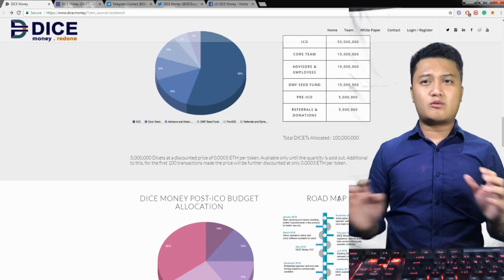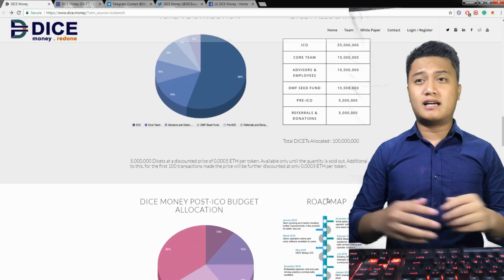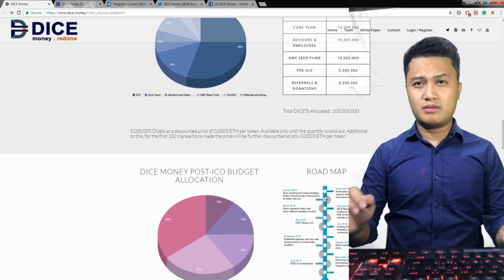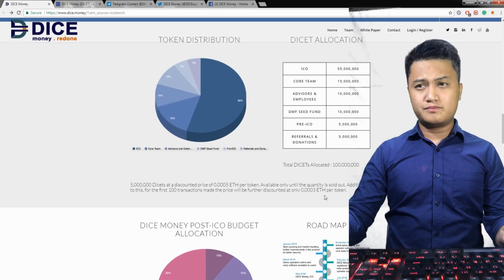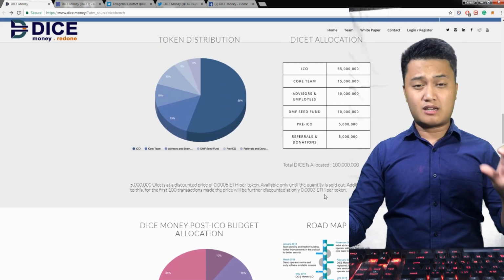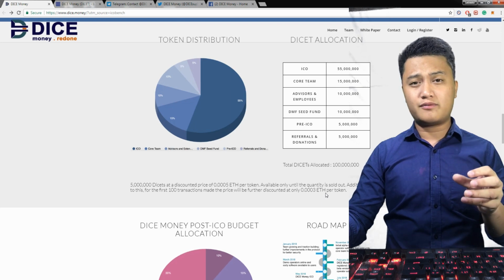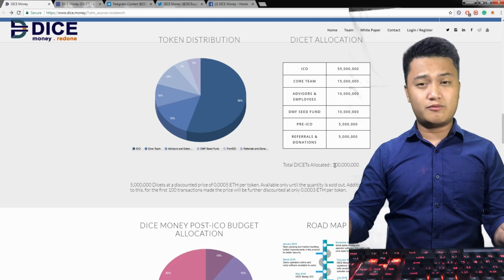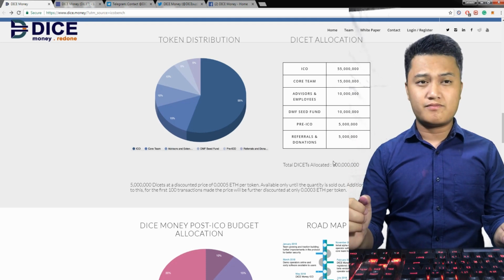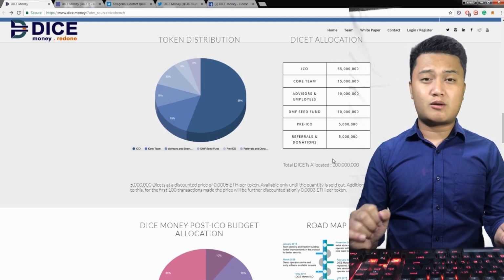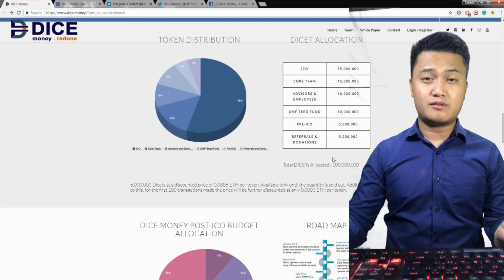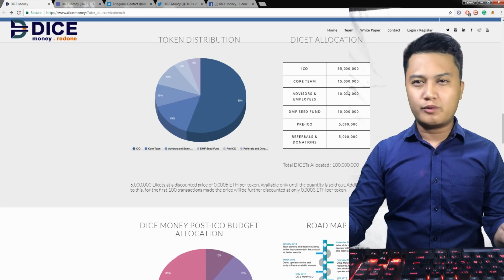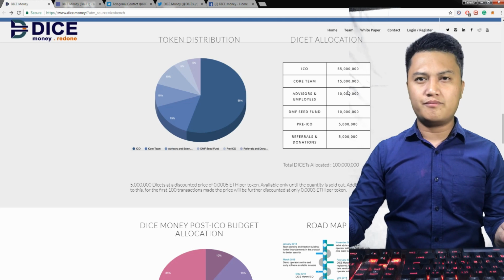Although for me there's a downside when it comes to the token allocation of the team. Although there is quite a fair value of the token for the token sale, the core team and advisors will acquire around 25% of the total supply, so around 25 million tokens all in all.